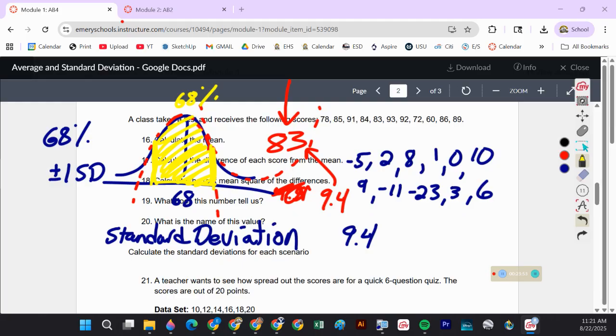Okay? If we go out plus or minus 2 standard deviations, so we go this distance twice, I now capture 95% of all people. Okay? And if I go out 3 standard deviations, so out to here, I capture 99.7% of all people.